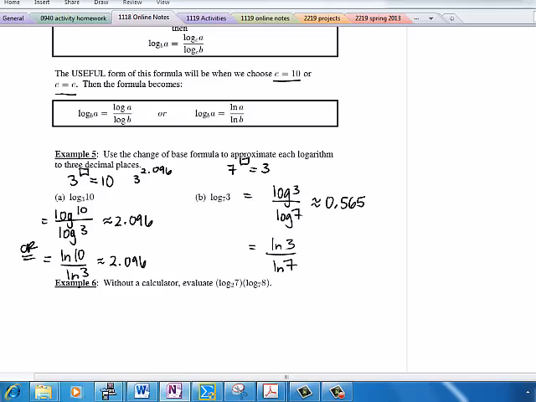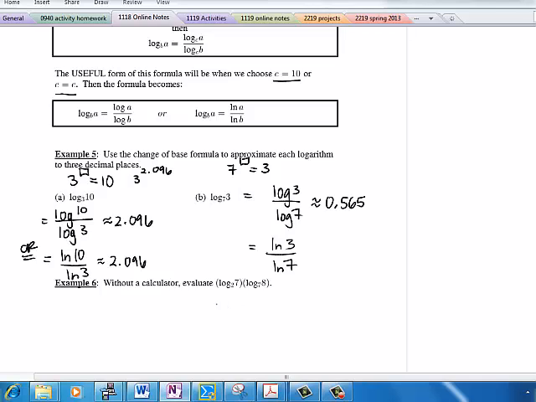Alright, and then the next one, saying without a calculator, evaluate log base 2 of 7 times log base 7 of 8. I don't know what log base 2 of 7 is. I don't know what log base 7 of 8 is.